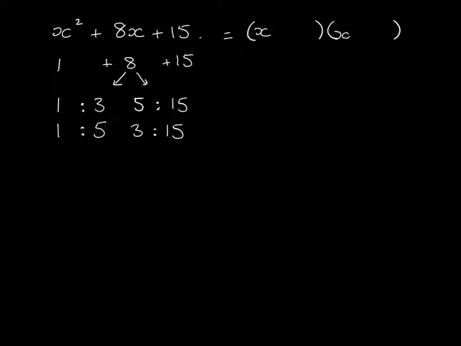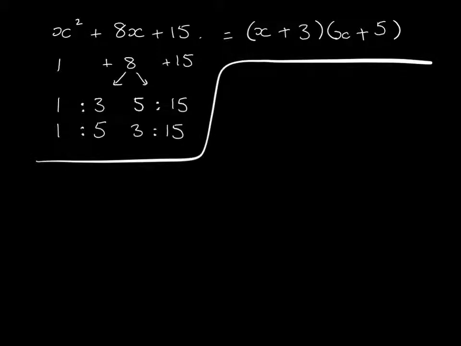The only bits that are missing are the numbers 3 and 5. That means to say that 3 and 5 go in the gaps. Having factorised it, it's going to be x plus 3 times x plus 5. Let's square that off and do another example.